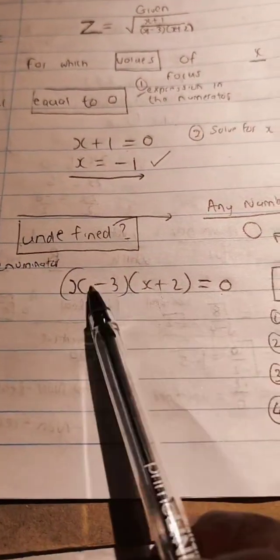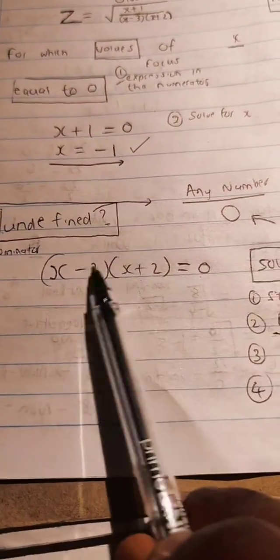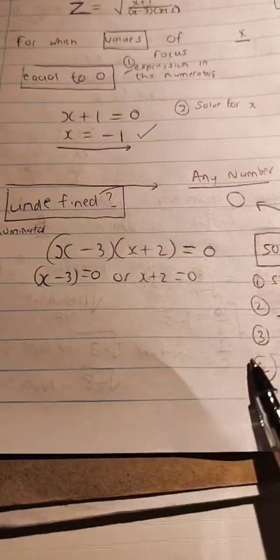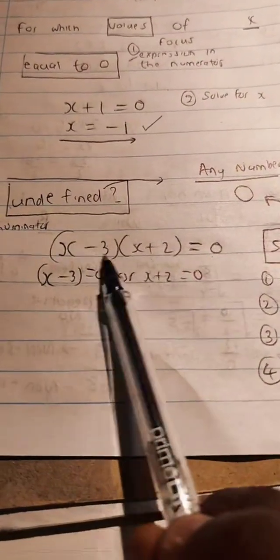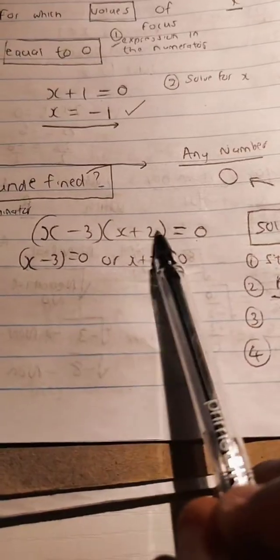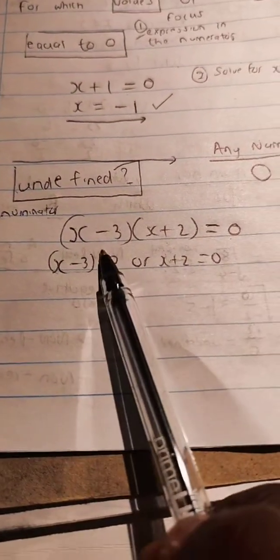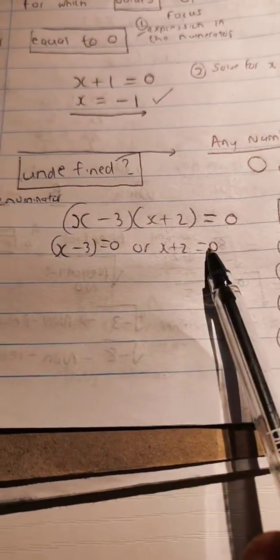When you have two factors multiplied to each other and they are equated to 0, all you can simply do, which is your next step, is you take your x minus 3, make it equal to 0. You take your x plus 2, you make it equal to 0, because this is a product of factors equated to 0. Then you solve these two independently.